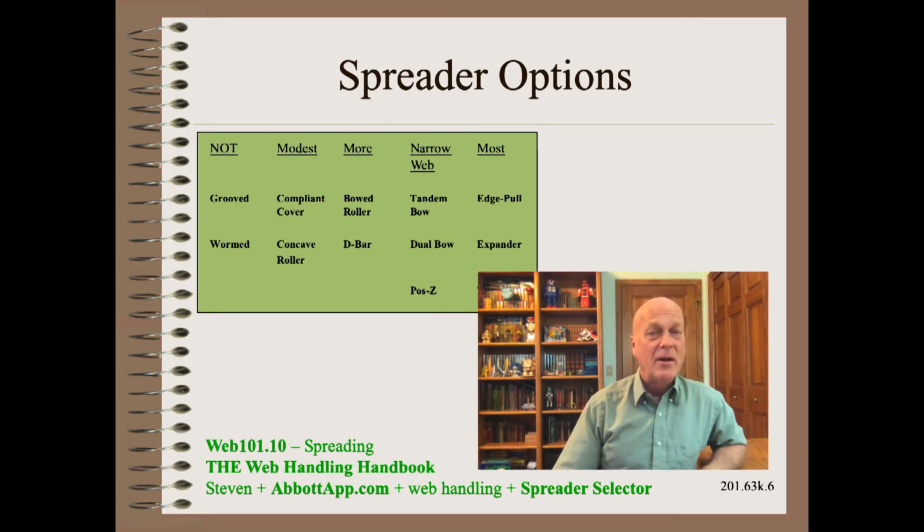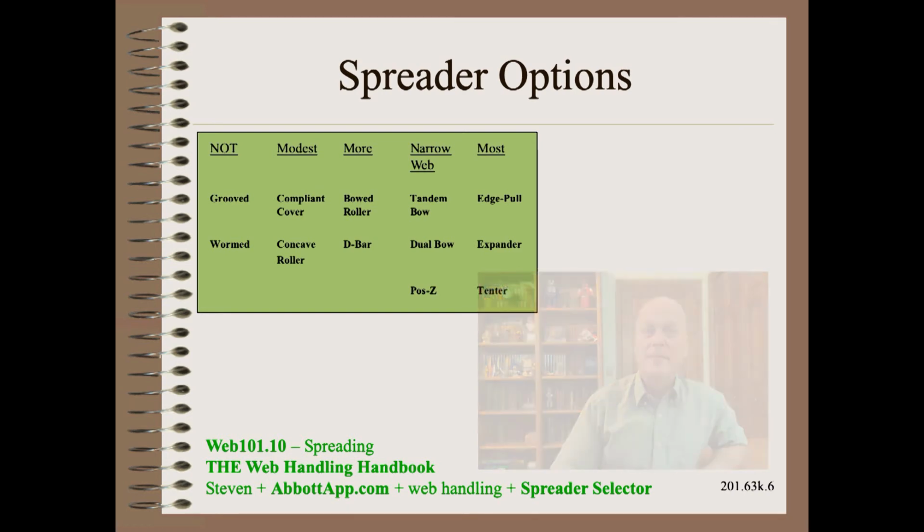Each of these spreaders has many application requirements that need to be met. Otherwise, the spreader may not just not work. The spreader may actually make wrinkles. Spreaders either not working or making wrinkles are as common, or even more common, than being helpful in many plants.